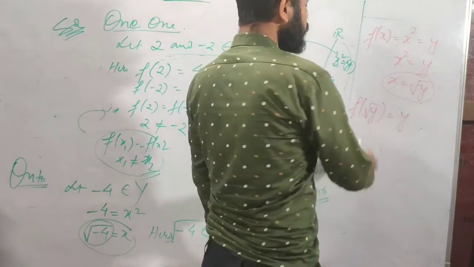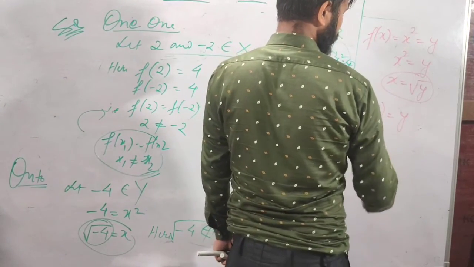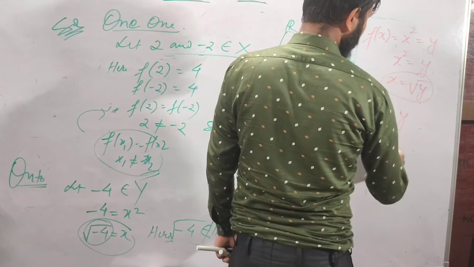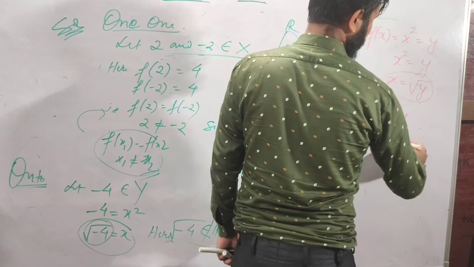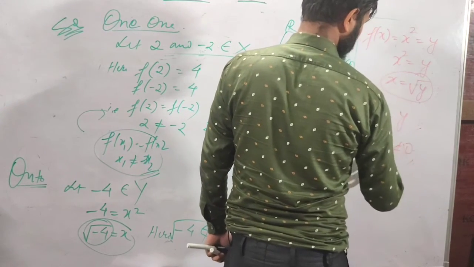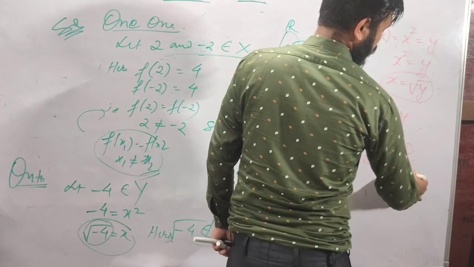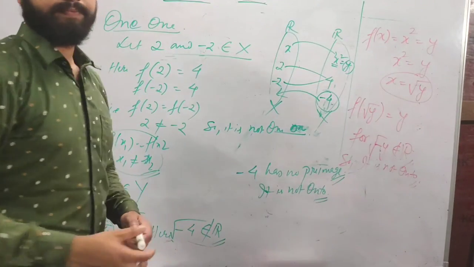Now what about the negative value? But you can see, for a negative value, root of y does not belong to the real numbers. So it is not onto. Finish. Simple. Yes.